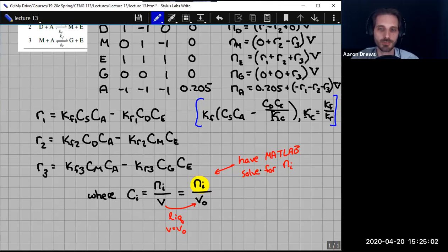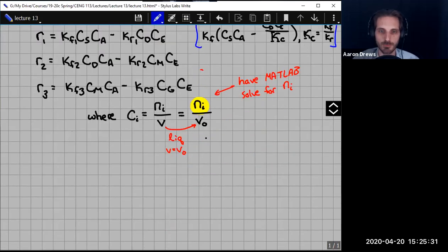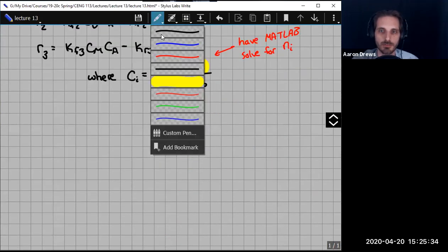If you have multiple reactions, you have to solve for all of the molar flow rates, and it's also extremely convenient because we will have what we can think of as direct access. MATLAB will know what those values are. And so it becomes very easy to calculate concentrations as simply one of these divided by another one. We do have to estimate what that value is, because that was given to us in the problem statement.